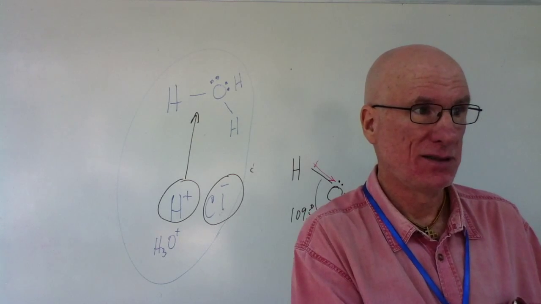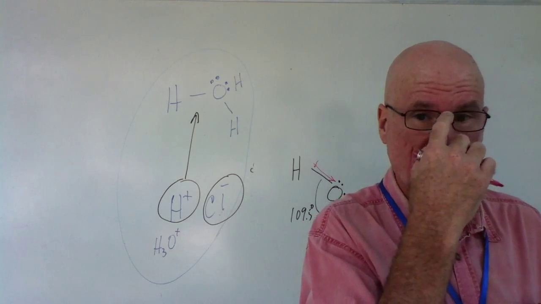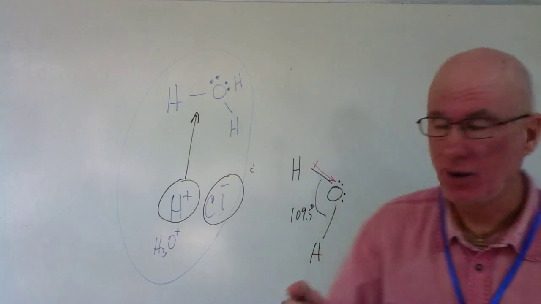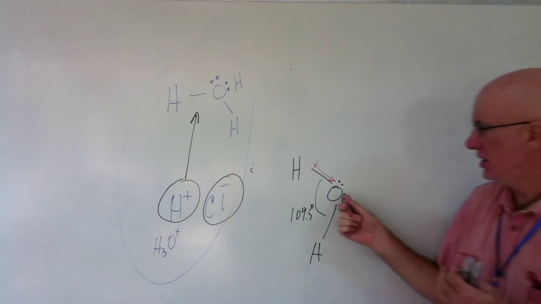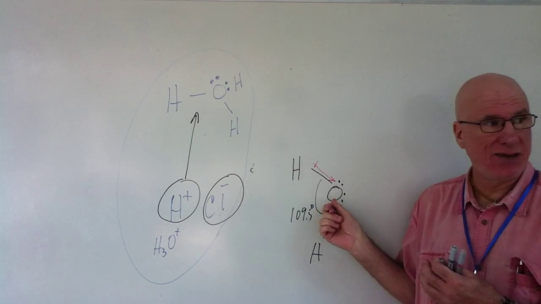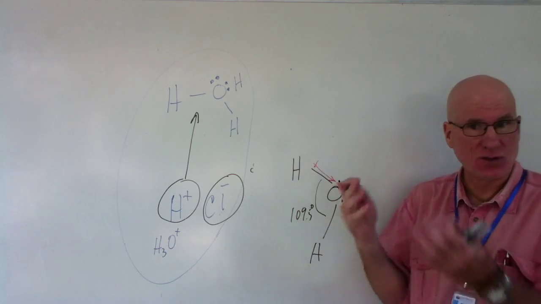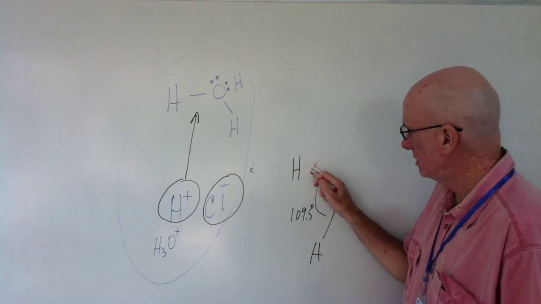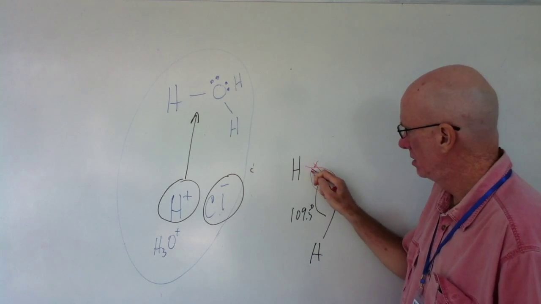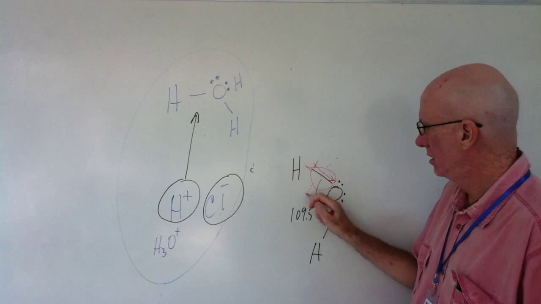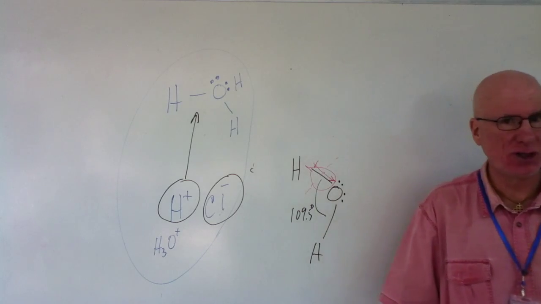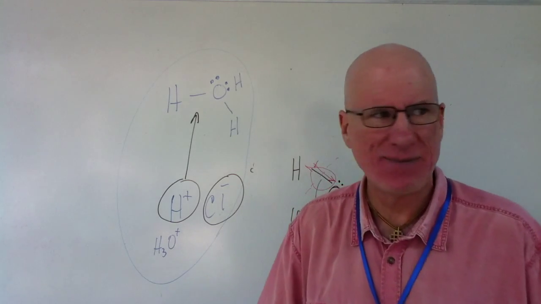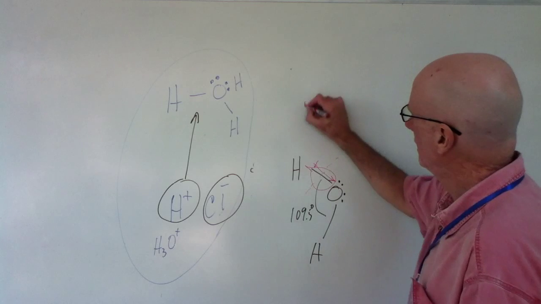Right? Yes? What do you mean by shift? Shift means a shift in the cloud. Remember, I had a shift in the cloud because oxygen is more electronegative than hydrogen, so it's going to hog some of the electrons. So your cloud is going to look like this. Right? It's asymmetrical distribution. Ooh, that sounds good. Asymmetrical distribution.